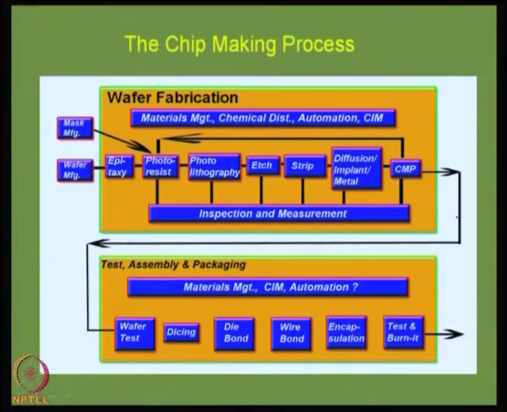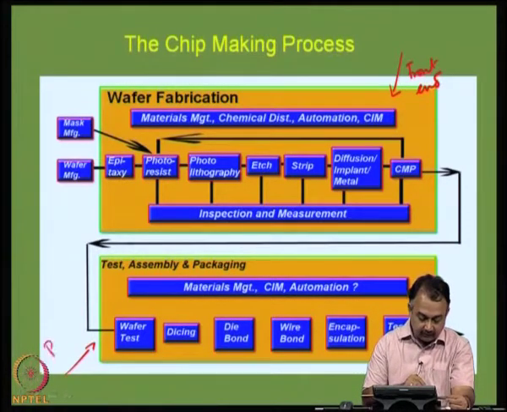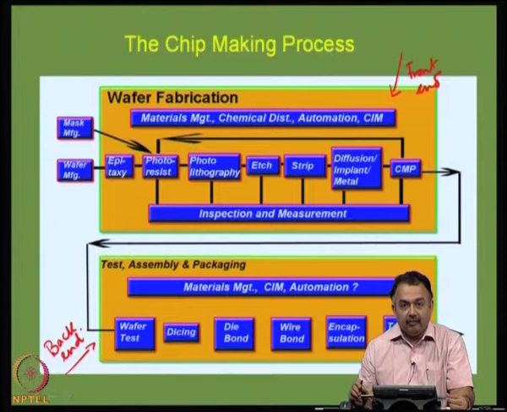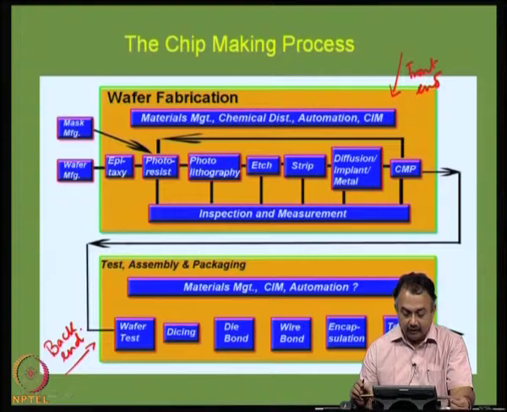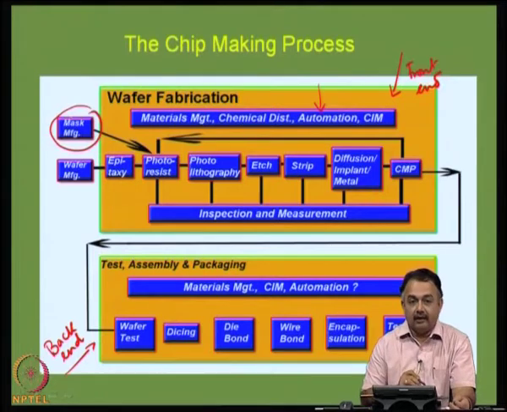If you look at the complete and exhaustive chip making process as shown in this slide, there is a front end process, and this is the back end process. In the wafer fabrication, first you have to look at materials, chemicals, automation and computer integrated manufacturing. The first thing is that a mask pertaining to the design of the IC should be ready.